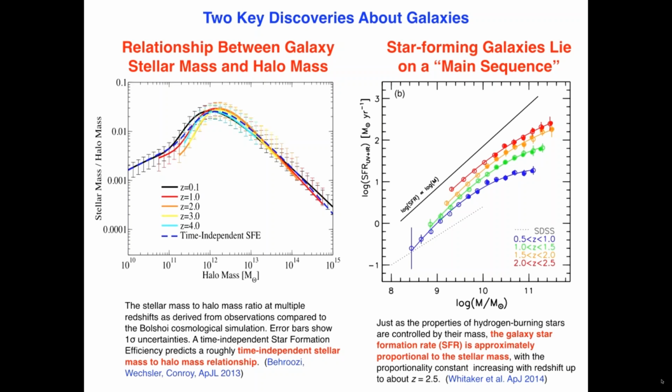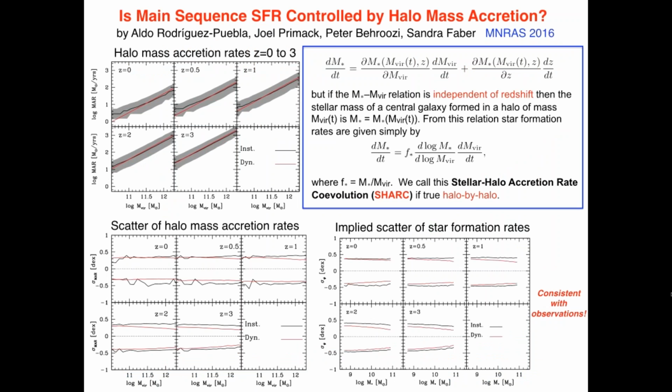So the blue box on the next slide shows that if you take the derivative of the stellar mass with respect to the two things that could be changing in the stellar to halo mass relation, namely the halo mass and the redshift, which changes the curves, you get two terms.